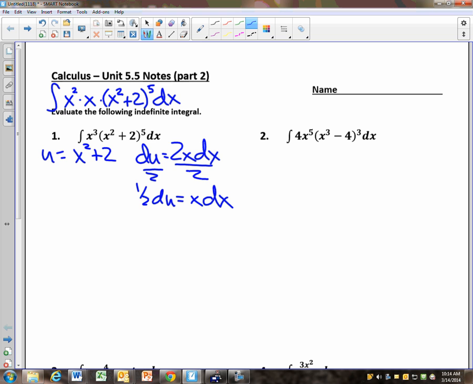So we've got that x, right? We've got the x squared plus 2, which is u, right? We've got the dx. What's the only piece we're missing? How can I get the x squared?